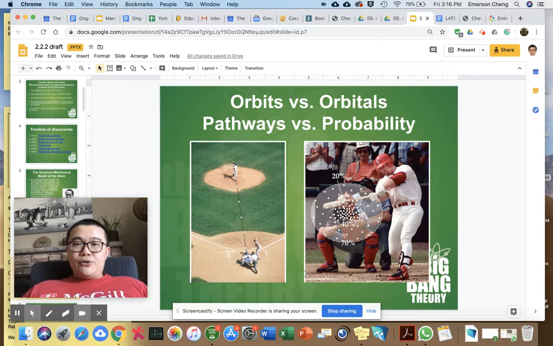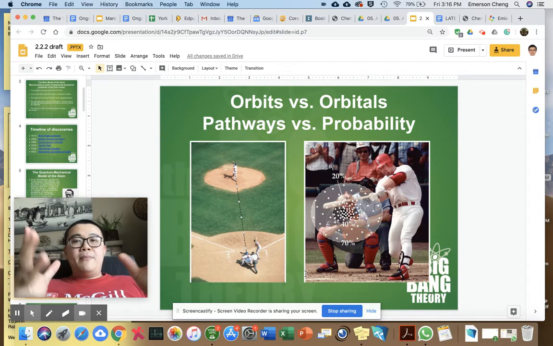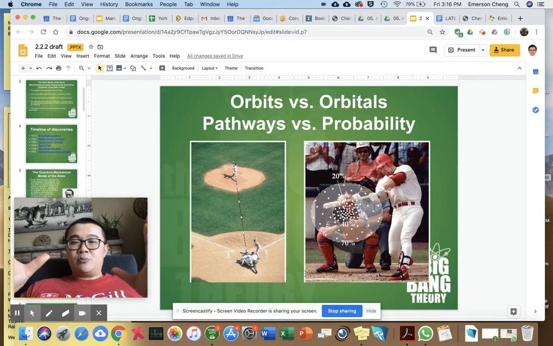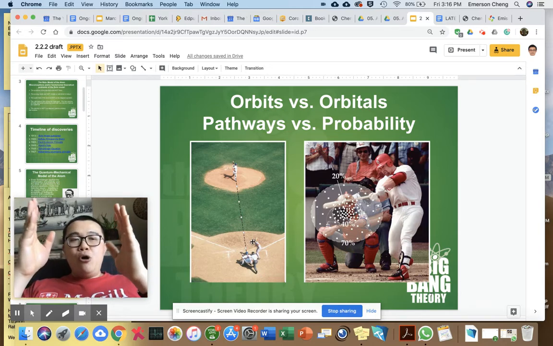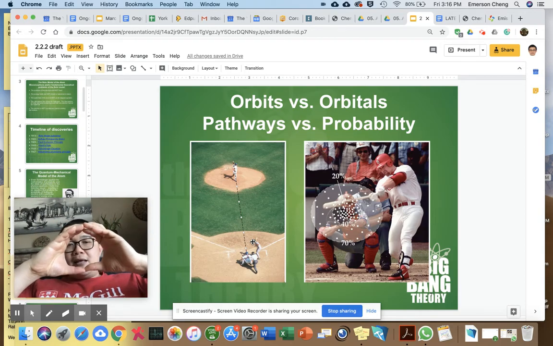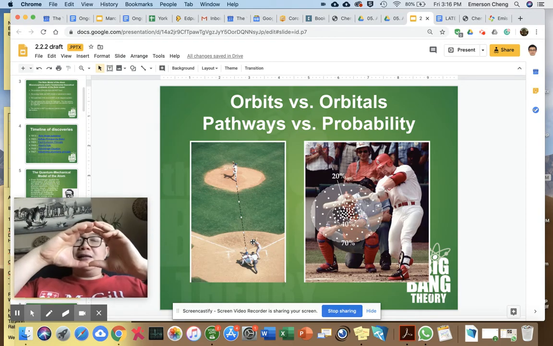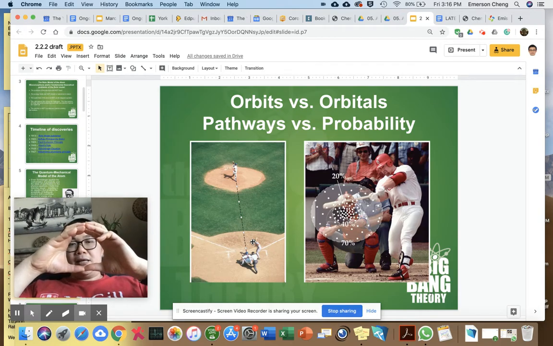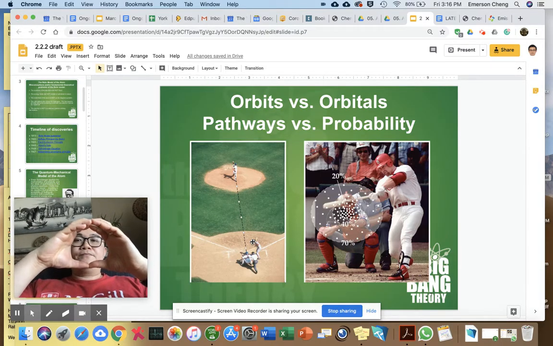So when you're thinking about orbits versus orbitals and pathway versus probability, when you're thinking about orbits and pathway, it's more like you know exactly where things are. You know that electrons will follow these perfectly circular orbits. That's almost like the old way of thinking.